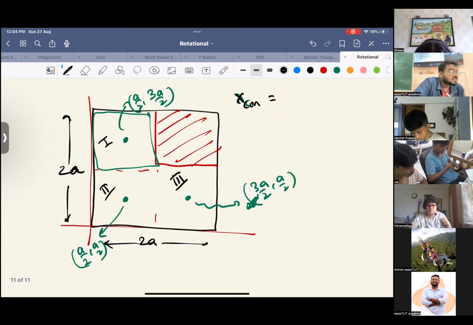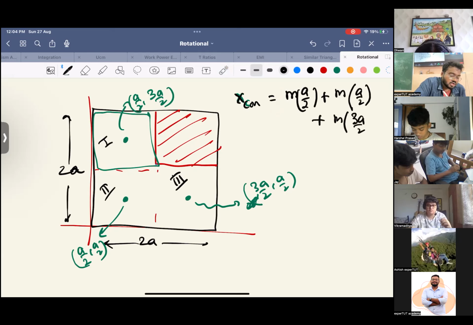For block 1, the mass is m and its x center of mass is a/2. Plus block 2, mass m, center of mass a/2. Plus block 3, mass m, x center of mass 3a/2. Divided by m plus m plus m, so 3m.